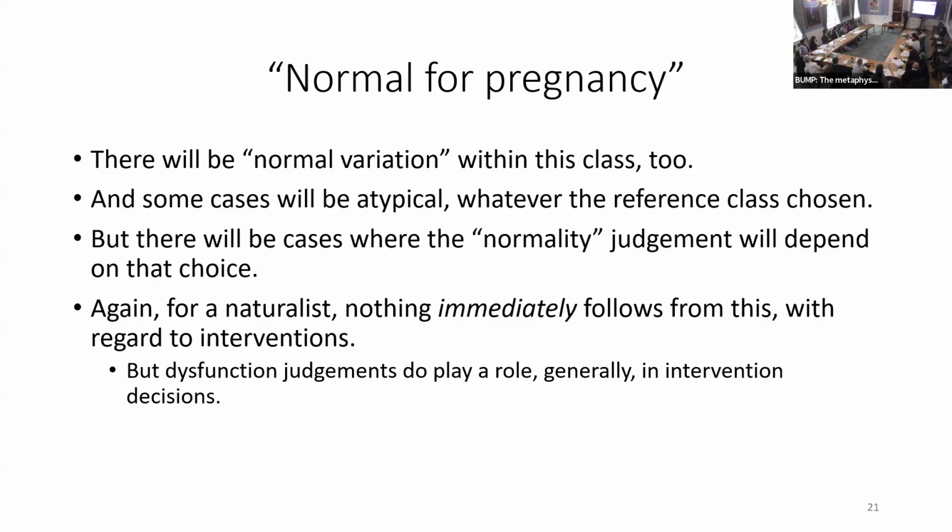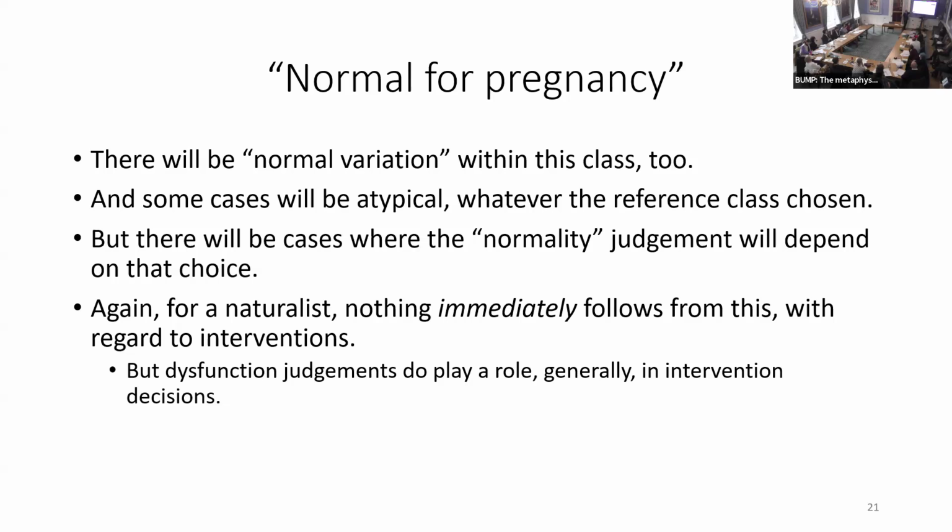It's worth saying, and this isn't for the first time, that for a naturalist, nothing immediately follows from the question of whether or not something is a biological dysfunction and hence a disease. So if the verdict is that something is a disease, it doesn't immediately follow that there should be an intervention. If it turns out that something is not a disease state, it doesn't immediately follow that there should not be an intervention.